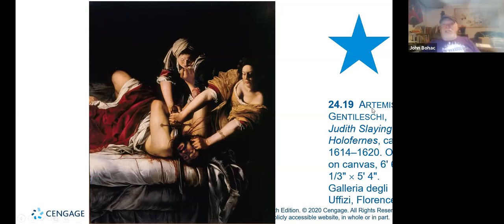But she was a student of Caravaggio. And again, Tenebrism, strong contrast, lights, darks, drama. They can't really get too much more dramatic than someone cutting someone's head off.